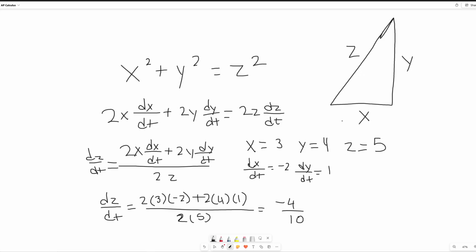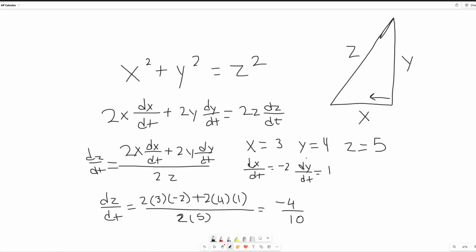So in this hypothetical triangle, somebody is shrinking the x side at a rate of -2 whatever time they give you. It could be seconds, milliseconds, hours, minutes, whatever time they give you.